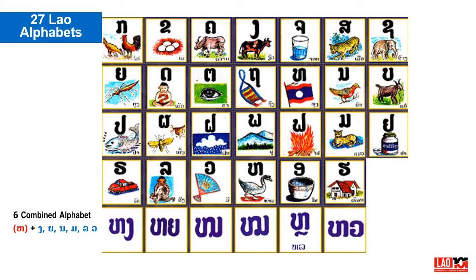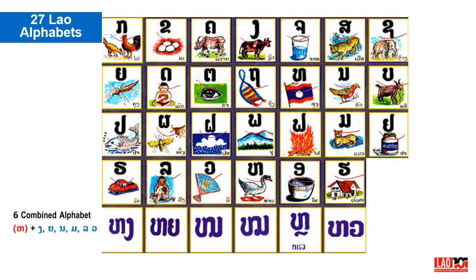Let me just revise the lesson a little bit about the Lao alphabet. So this one is Ko, Kho, Kho, Ngo, Cho, So, So, Nyo, Do, To, Tho, Tho, No, Bo, Bo, Po, Pho, Po, Pho, Mo, Yo, Ro, Lo, Vo, Ho, Ho.